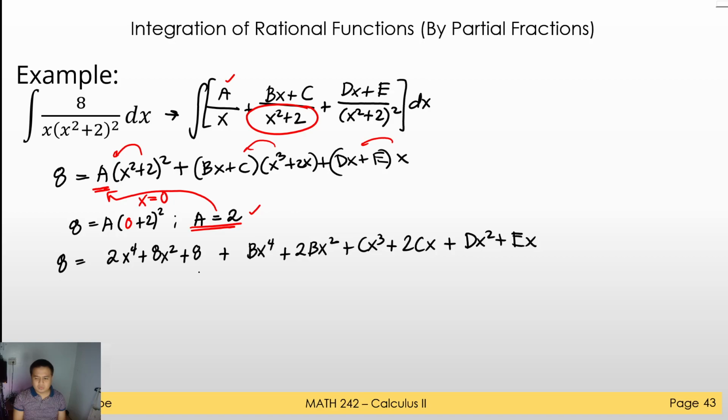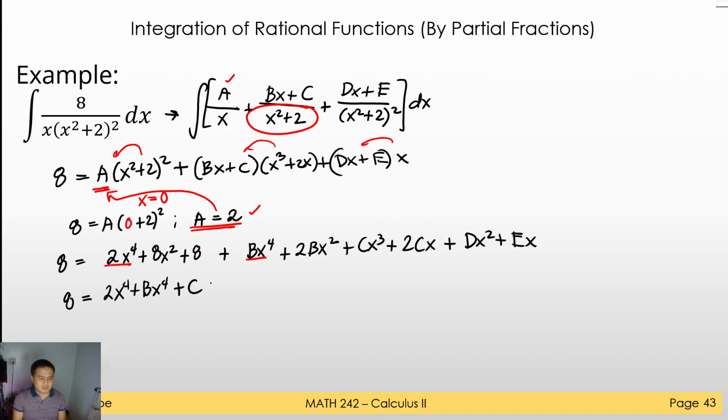So that's it. What we should do for the next step is group everything based on its degree. Basically you just combine the like terms. So you have 2x to the 4th and Bx to the 4th. And then for the cube, we only have one term, right? Sorry, I'm just checking my notes to make things faster so that I won't commit any mistakes.